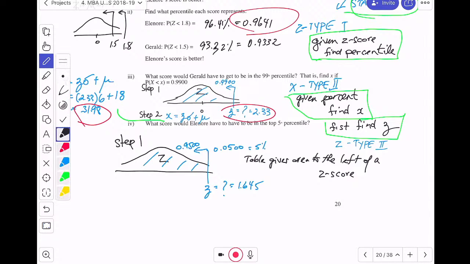Step 2 is convert that now from standard deviations from the mean to the score.